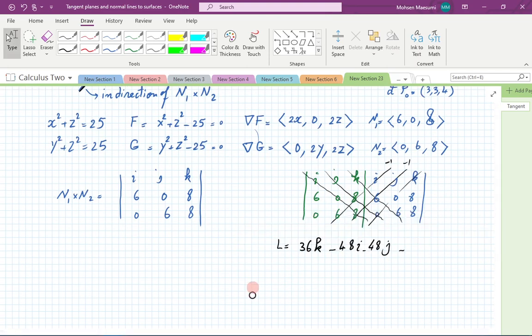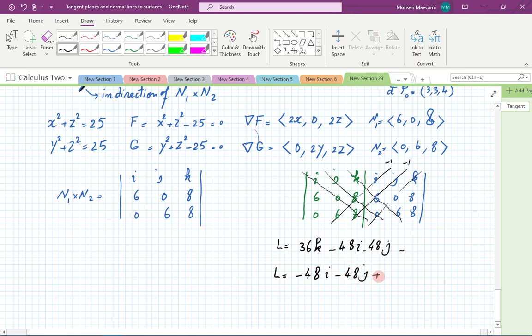So I can write it nicer: minus 48i minus 48j plus 36k. This is the direction of that line that is tangent to the intersection of these two cylinders.